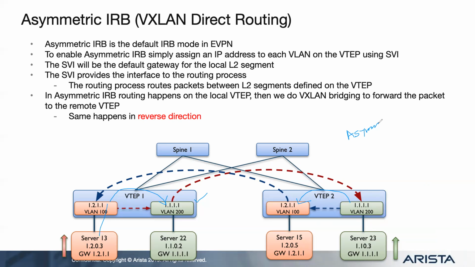And direct routing, we know that all SVIs are on all the VTAPs. But the reason it is asymmetric is that your routing is not symmetric. So that's why this is called asymmetric IRB, which is also called direct routing. We will see the pros and cons of it while we discuss more.